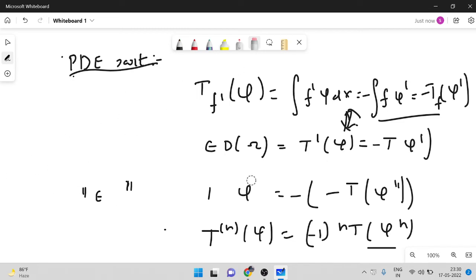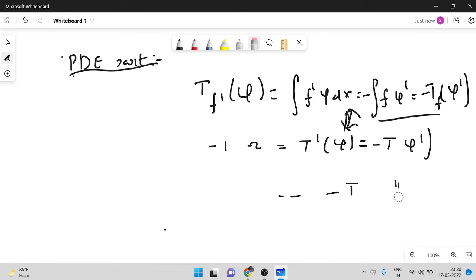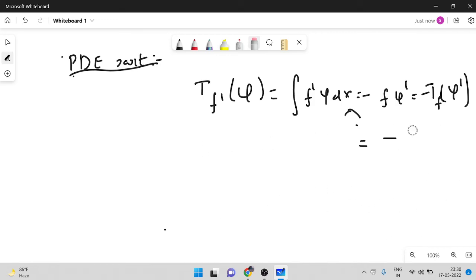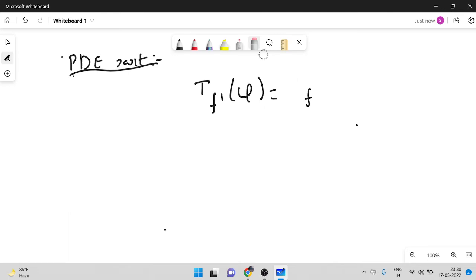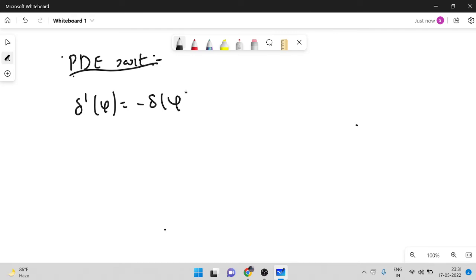So let us try to find the derivative of the Dirac delta distribution. Delta dash of phi equals minus delta of phi dash by the relation, which equals minus phi dash of 0.